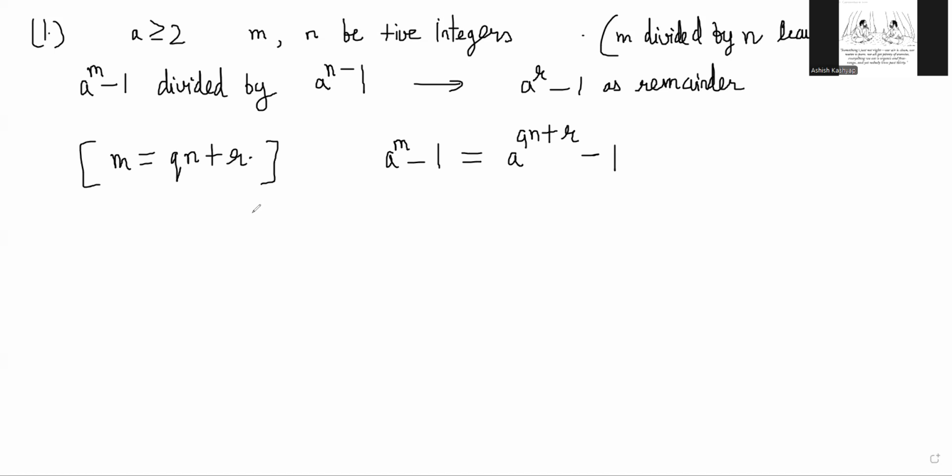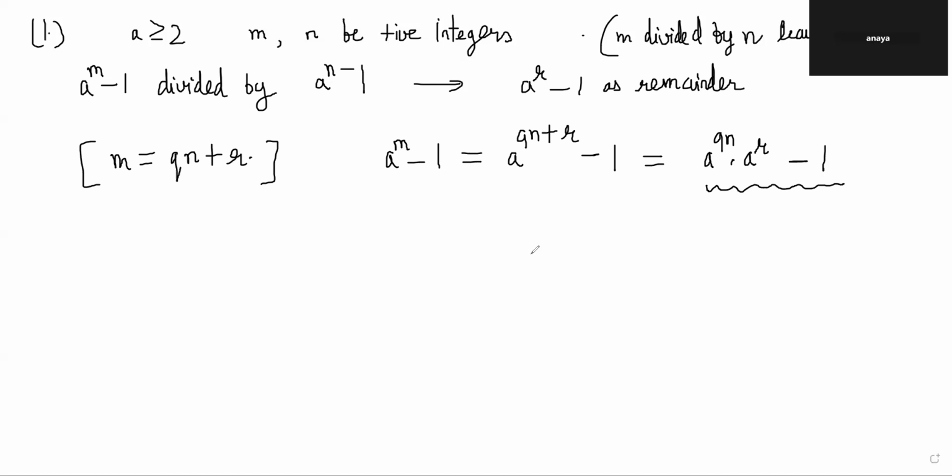So one thing we can see here is that this is a power qn times a power r, right? Yeah. So what can we do here? You could.